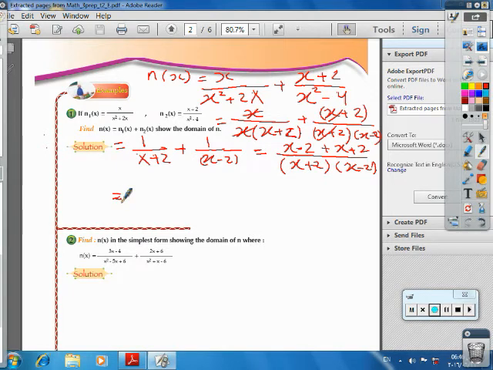We can collect x and collect the constants. x + x equals 2x, negative 2 with positive 2 equals 0, over (x + 2)(x − 2).